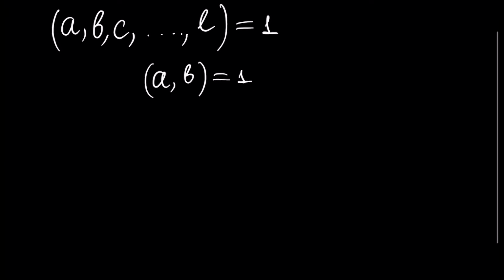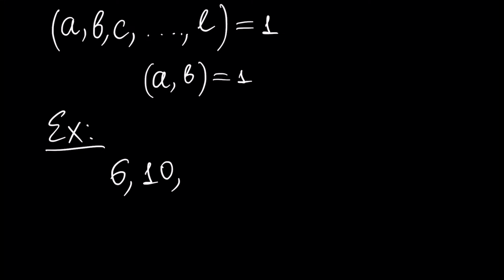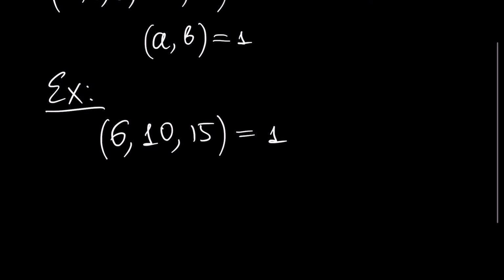Let's give some examples. For example, we have integers 6, 10, and 15. In this case, since the greatest common divisor of these three numbers is equal to 1, these numbers are relatively prime. But they are not relatively prime in pairs.